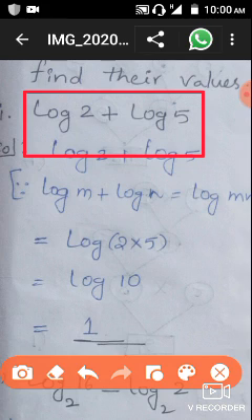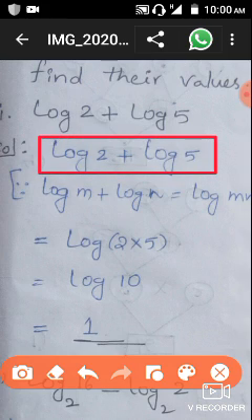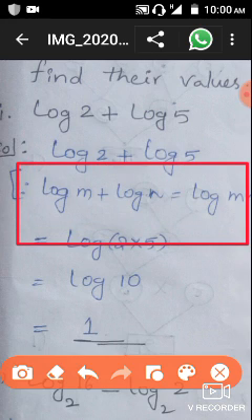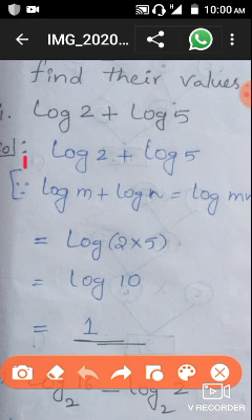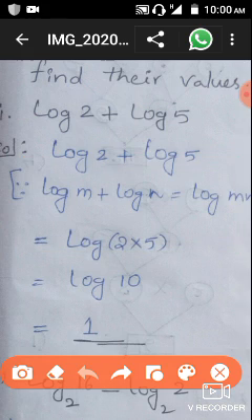So first, write the question again in the solution: log 2 plus log 5. When you observe the laws of logarithms, log m plus log n equals log mn.